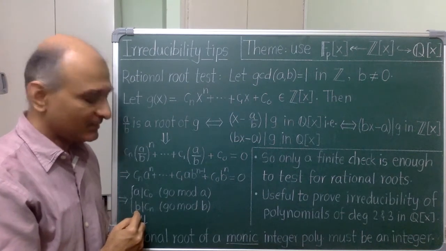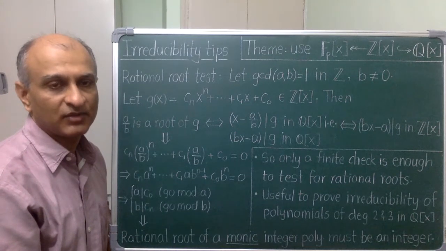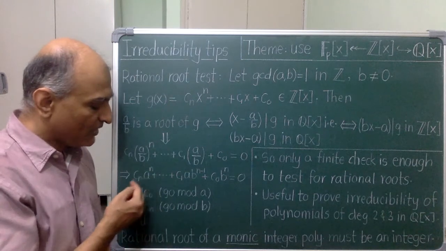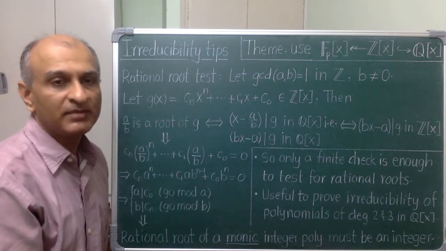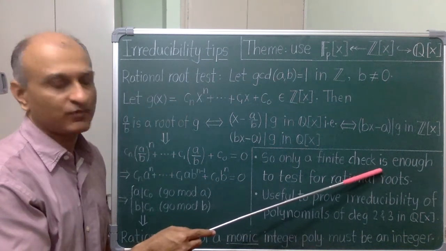So, I get that if I have a rational root of a monic integer polynomial, then that root must be an integer. The point of these conditions is that if I want to check whether a polynomial has a rational root, then all I have to do is a finite amount of check.